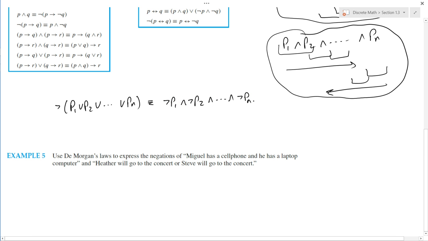The same way we can define De Morgan's Law for multiple variables with the and operator. And of course, here the and is going to flip into an or, so we negate P1 or, and then negate P2 with an or, and then we or it all the way to the last variable.